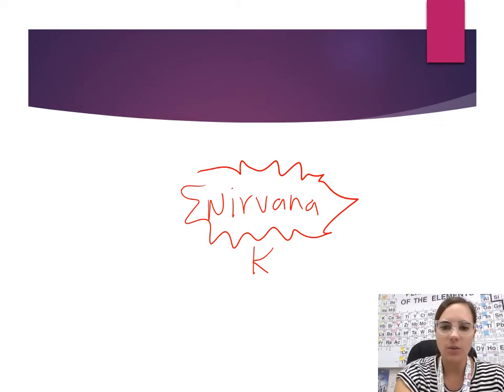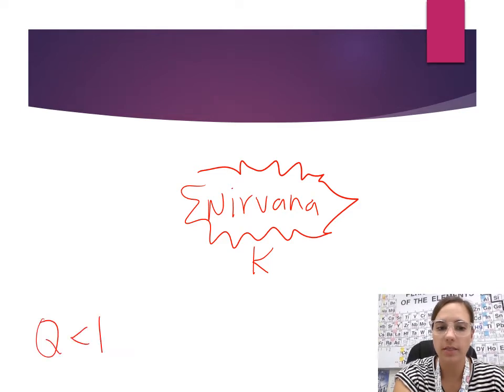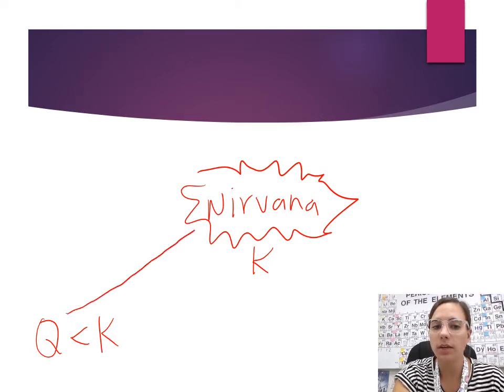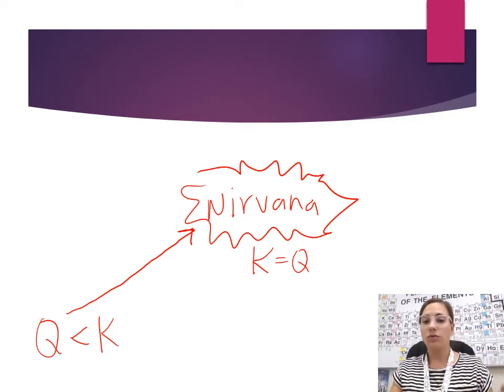So let's say that we start with some initial concentrations or initial pressures where Q is less than K. Q is some value less than K. Then Q is going to have to increase in order to get to where Q equals K. So Q is going to have to increase in order to get to nirvana.